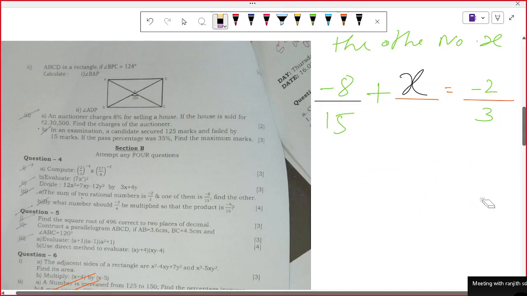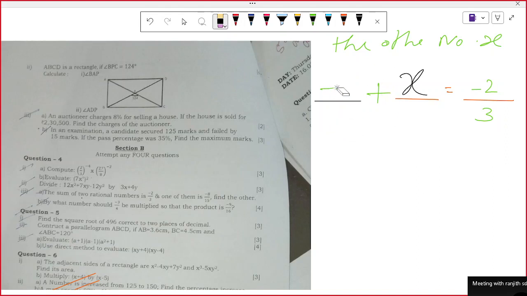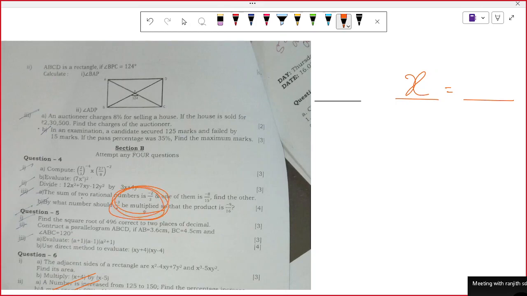Okay, next question. By what number should minus 3 by 4 be multiplied so that the product is minus 9 by 16? Keep 3 blanks like this. This is the method you'll have to do, and the second blank is always x. Now read the question. By what number must minus 3 by 4 be multiplied? For multiplied, what sign should I write in between? Multiplication, sir. Into. So that the product is, what do you mean by product?